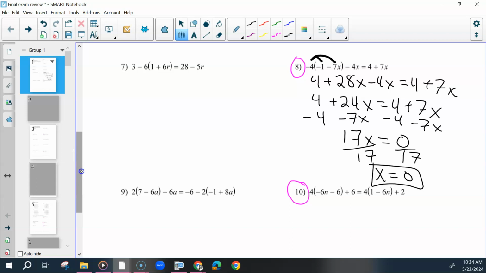Other questions on the first page or questions on the second page? One point two is all about literal equations, kind of like the ones we did on the chart.